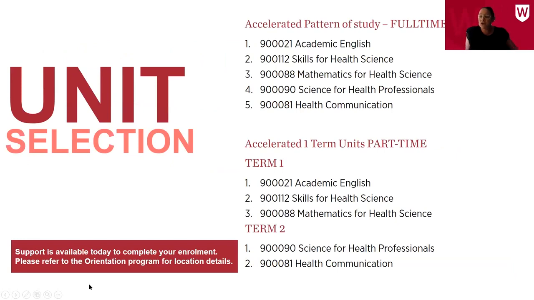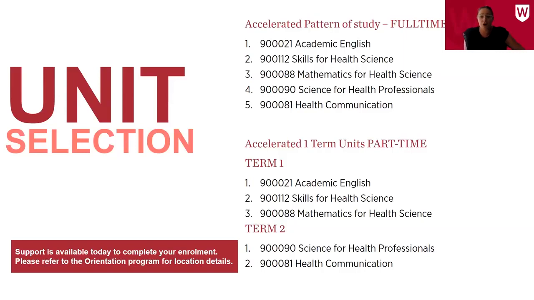Okay, so these are the units that you guys needed to make sure that you are enrolled in. I think they make the enrolling pretty easy this day and age, but please just make sure that if you're enrolled in the accelerated pattern of study, that you have all of these units in, you've enrolled in them, and then hopefully you've been able to allocate into them. You'll see down the bottom, if you are wanting to do a part-time option, the only 2 units that are on offer next term are science for health professionals and health communication, okay?